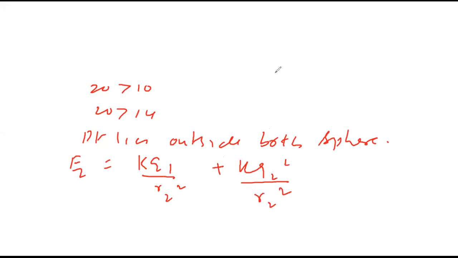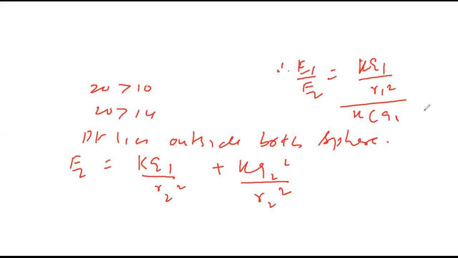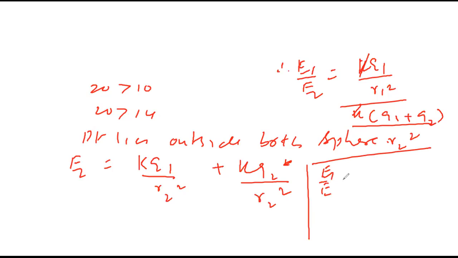Okay, this much clear? So E1 upon E2 will be K Q1 upon R1 square divided by K common, Q1 plus Q2 upon R2 square. So K I can cancel. So E1 upon E2 equals to what?